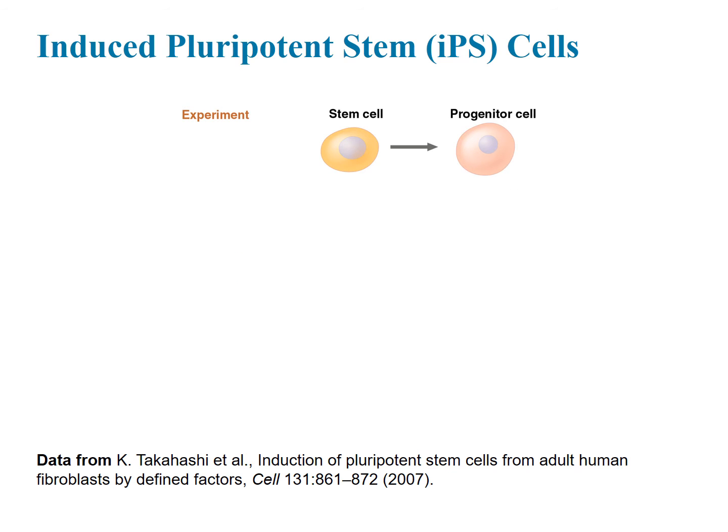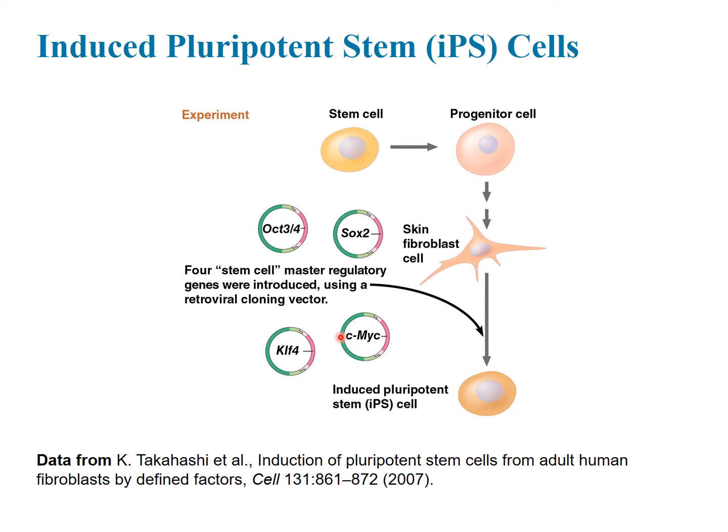All right, so let's look at induced pluripotent stem cells. Remember, they have been developed from several different types of patients with different diseases. These are data from this group down below in the citation. What this is showing is taking progenitor cells, which originated from a stem cell, and inducing them to produce the stem cell master regulatory genes.